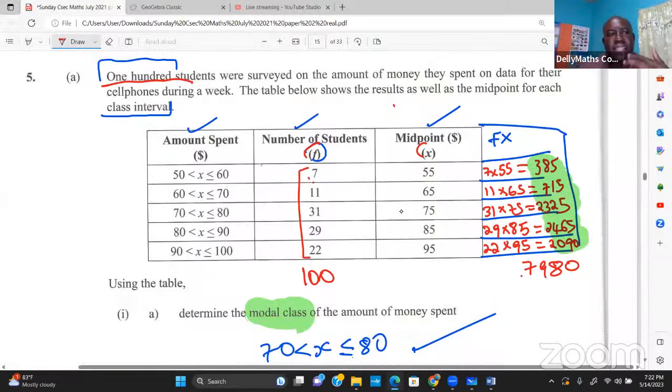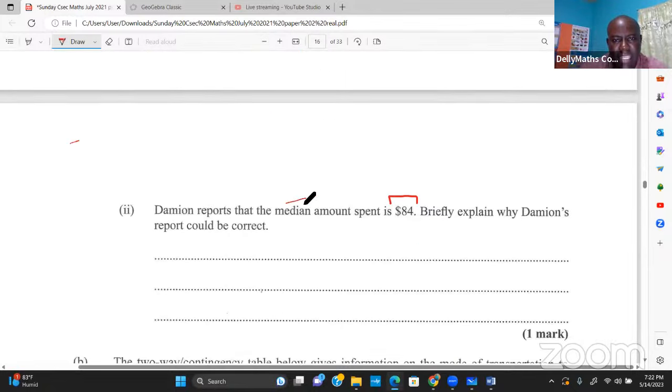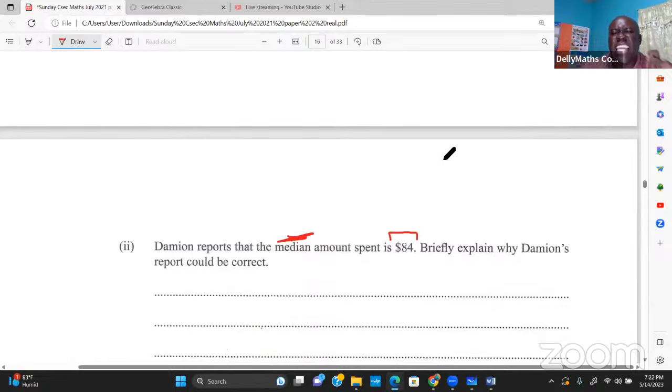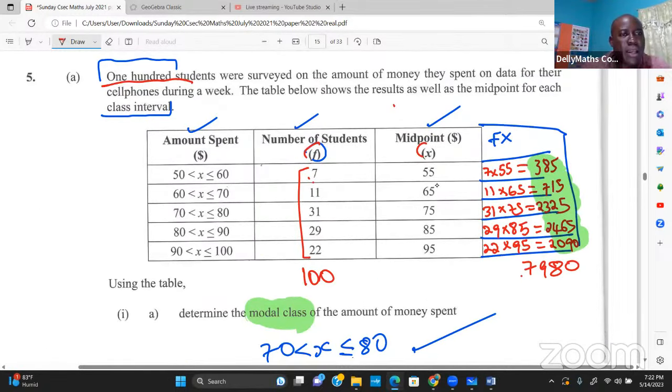Now, looking back at the keyword, let me read it. This is it, median. I want to highlight that, median. We're talking about the median, right? So because we're talking about the median, there is something that helps us to locate the position of the median. We can find the position of the median.